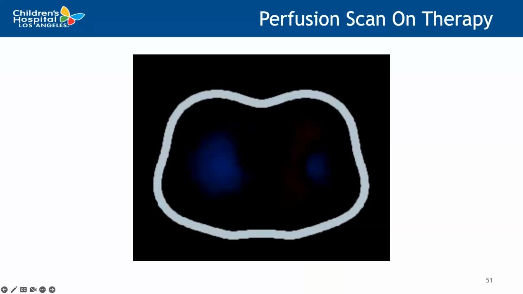A hypertonic solution is going to have different impedance as compared to blood plasma. By injecting it directly into the heart, we're able to trace the blood flow through the lungs and get a true perfusion map. In this particular patient, they had a central PICC line, and we were able to inject 5 milliliters of 5% sodium chloride and produce this perfusion image that I'm going to show now.